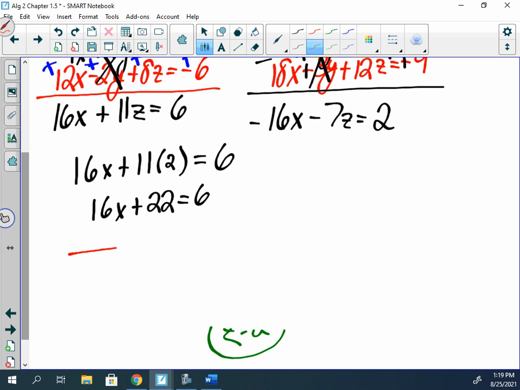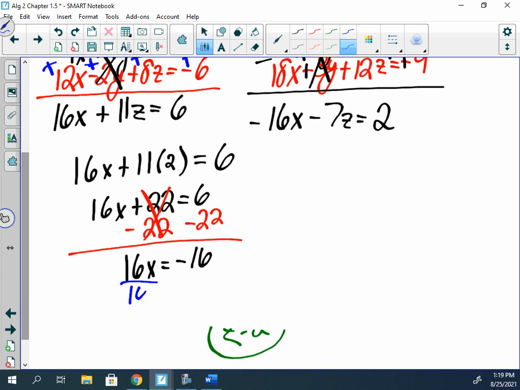Then what would we do next? Minus 22 from both sides. These will cancel. Telling me that 16x is equal to what? Divide both sides by 16, which tells me x is equal to what? Negative 1.